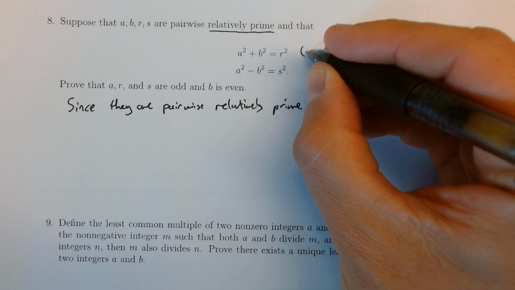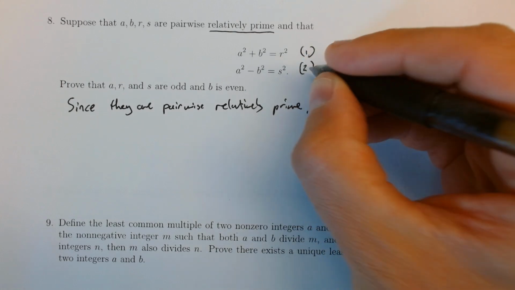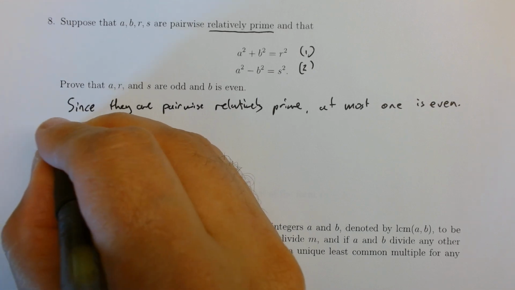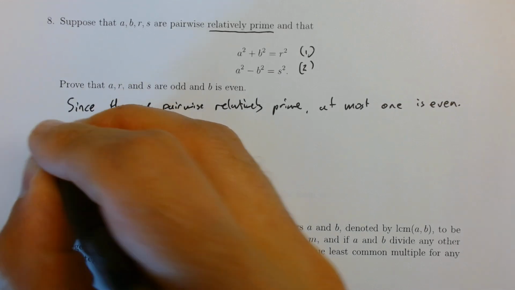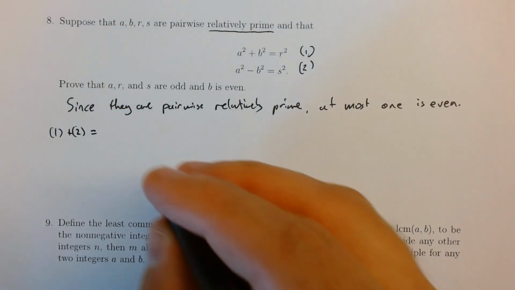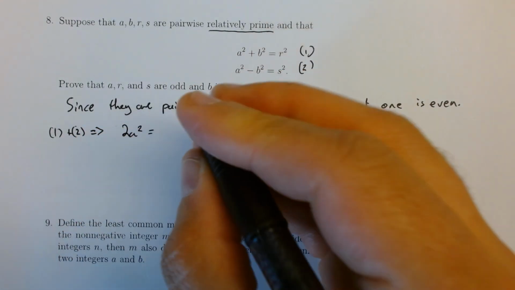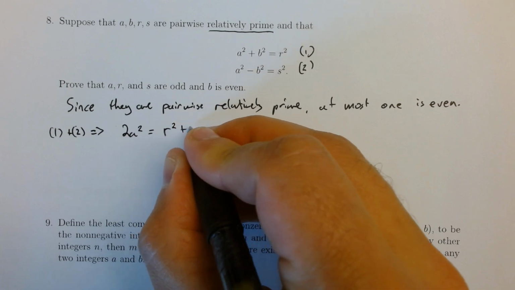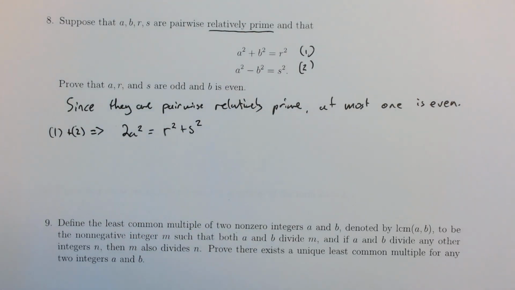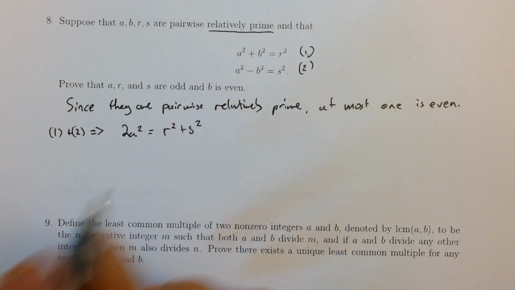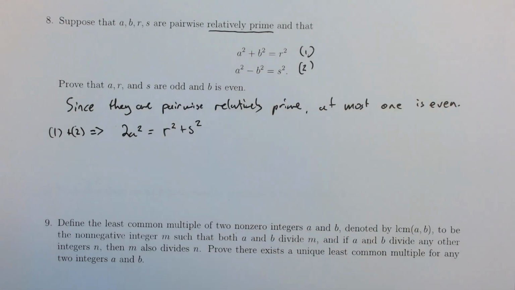So let me call these equations 1 and 2. I want to talk about adding and subtracting them. If I add these two equations together, the b squareds cancel out, so we get 2a squared is r squared plus s squared. So the sum of the squares of r and s has to be even.